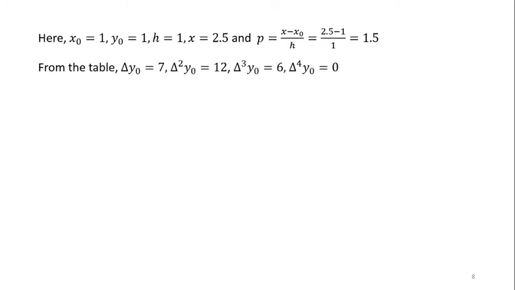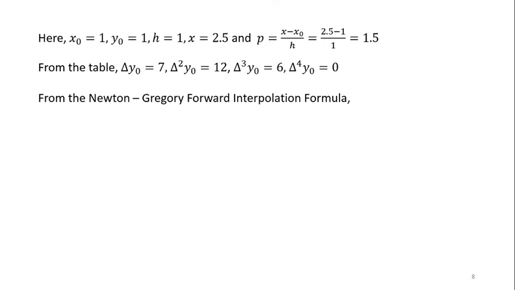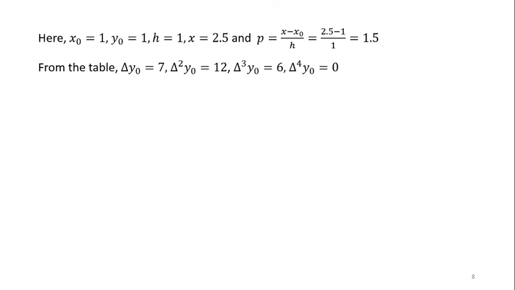From the table, delta of y naught is 7, delta square of y naught is 12, delta cube of y naught is 6 and delta power 4 of y naught is 0 and delta power 5 of y naught is also 0.